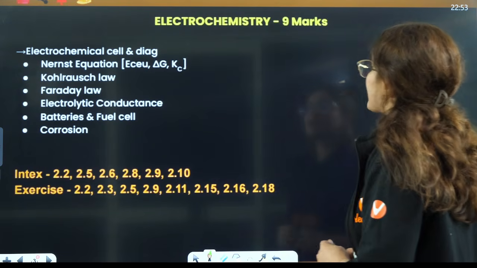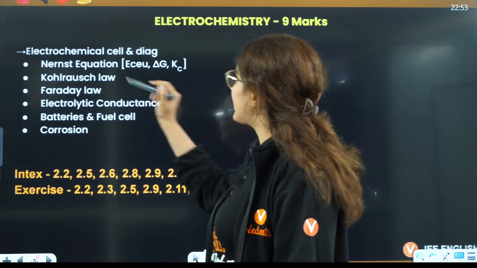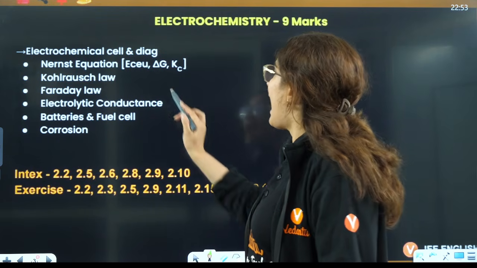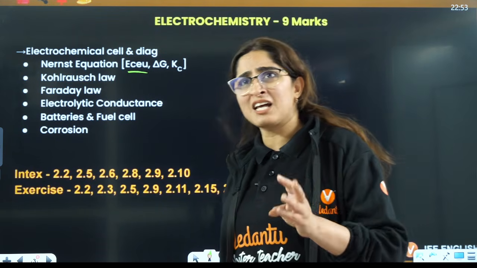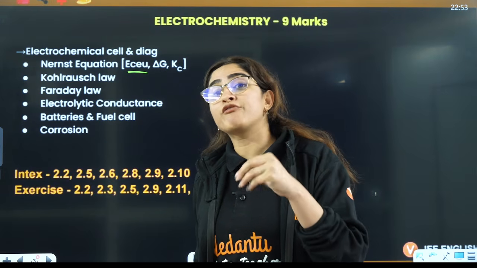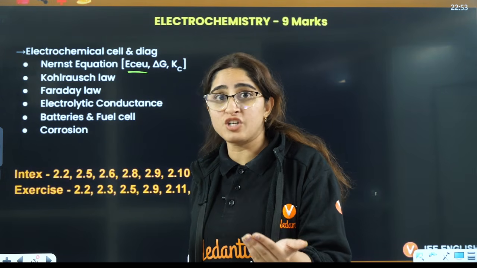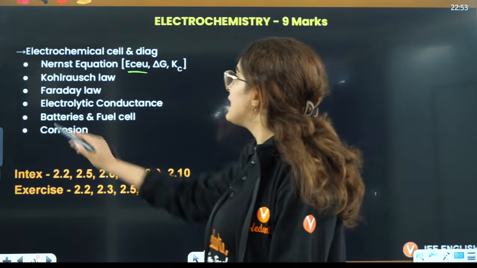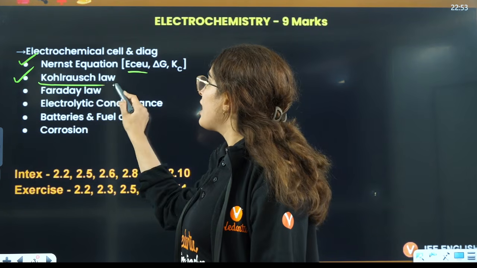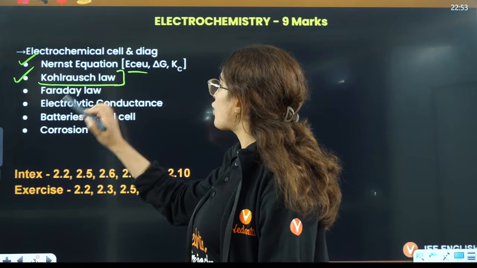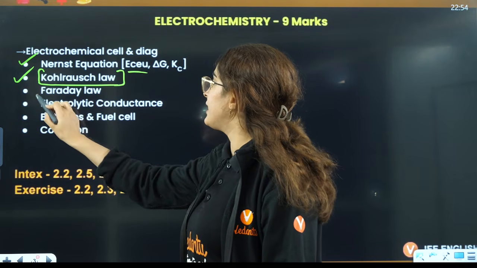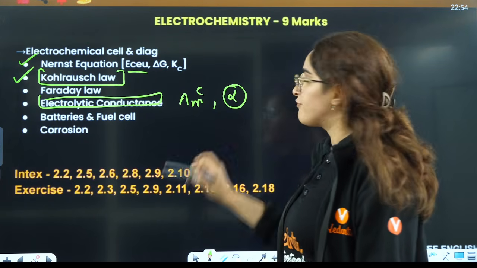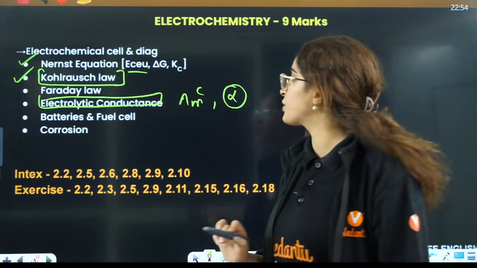Next is electrochemistry. Now in electrochemistry, what you need to do first is the Nernst equation, very important, and the formulas of Nernst, delta G with E naught cell, Kc with delta G, and Kc with E naught cell. All these formulas are important, right? Then Kohlrausch's law, including electrical conductance and molar conductivity, and then finding the alpha value, degree of dissociation, they ask you the questions, right?